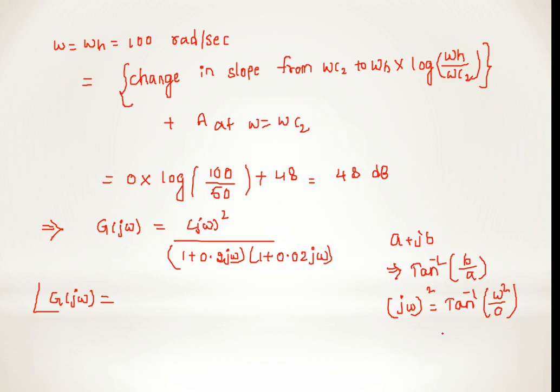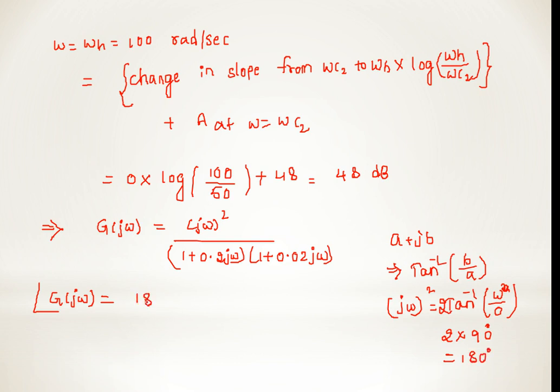Tan inverse of something by 0, that is infinity. So 2 into 90, that's why it is 180.